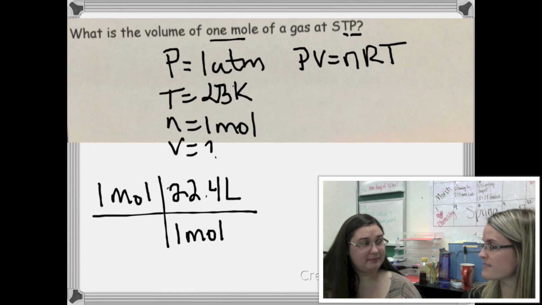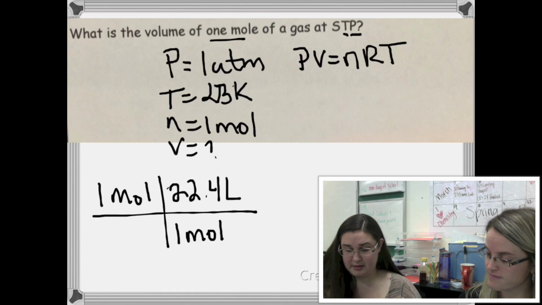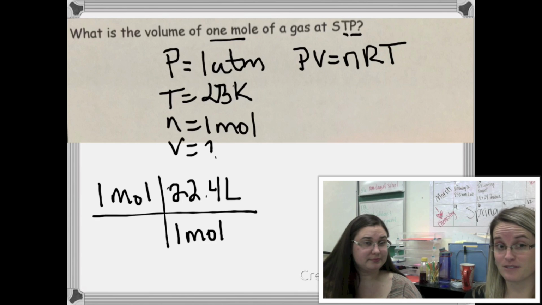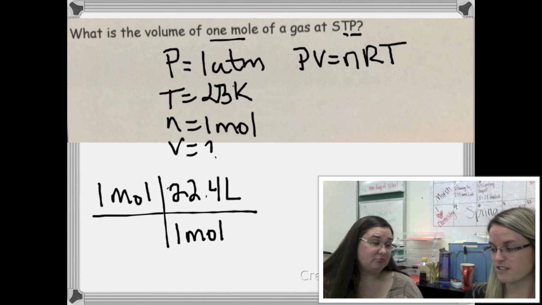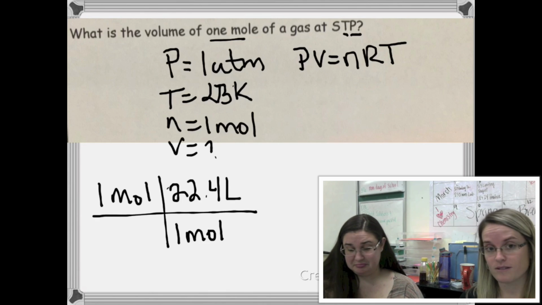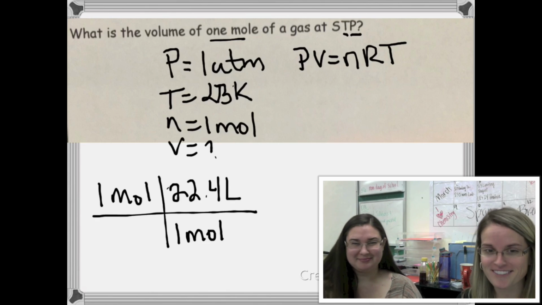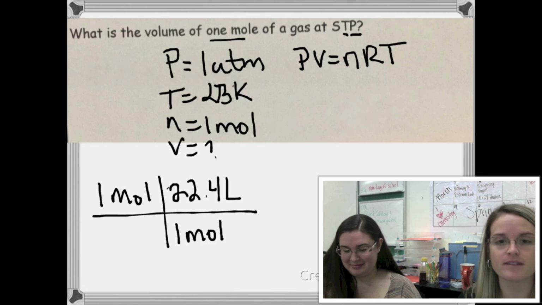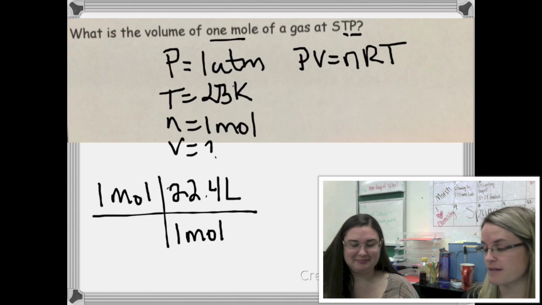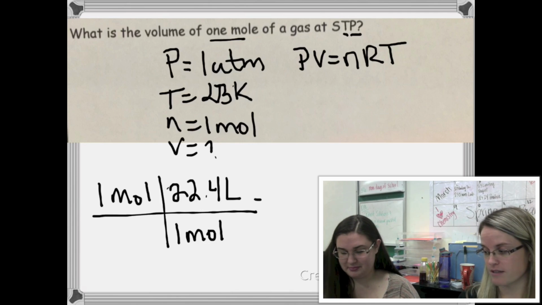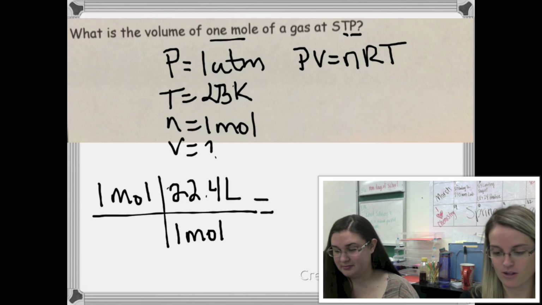Easy math. Now, do we want to solve that in the ideal gas law equation? We could, and it does equal 22.4. So if you want to do that just to see if we're right or not, go for it. But take our word, we're going to do the shorter step. Okay, so let's go on and try another one.